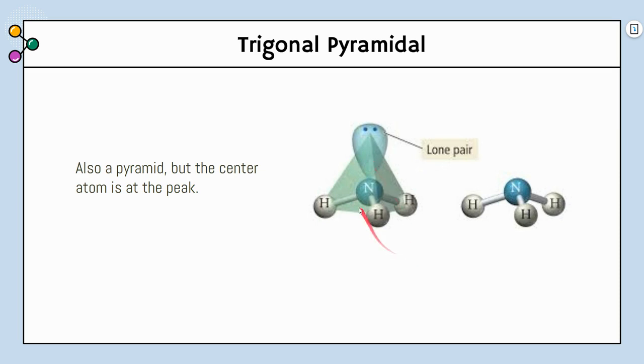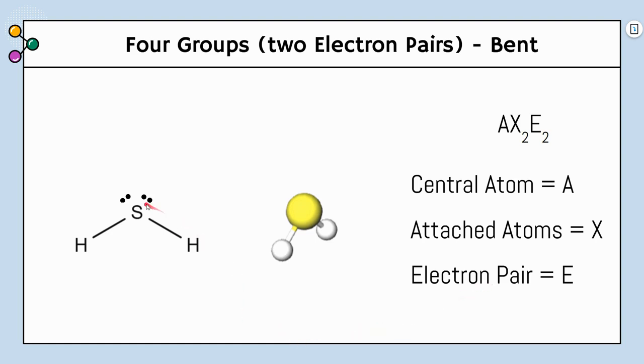If I look at the next shape, we can see the tetrahedron would be if we use the lone pair, but we don't, so we get this squat sort of pyramid, and that is our trigonal pyramidal shape. We can do the same thing, but replacing two of the hydrogens with lone pairs. Now we get AX2E2, sulfur with two hydrogens and two electron pairs.